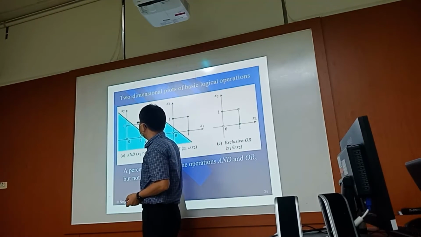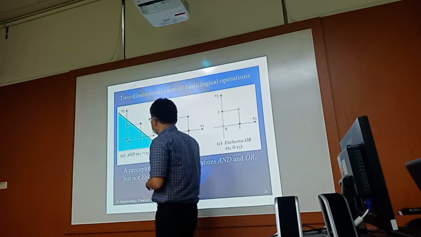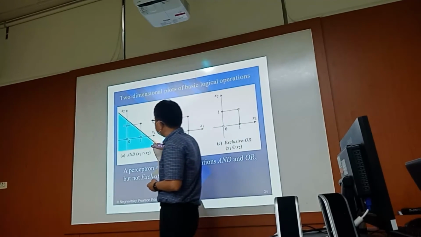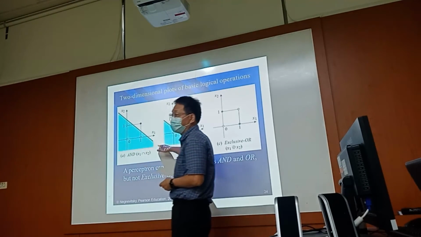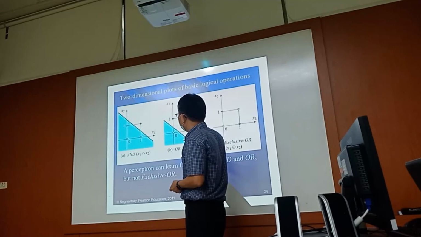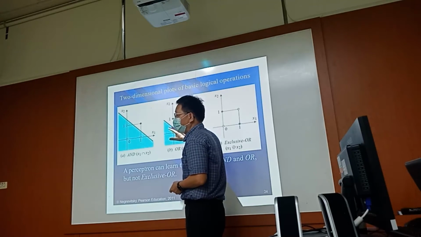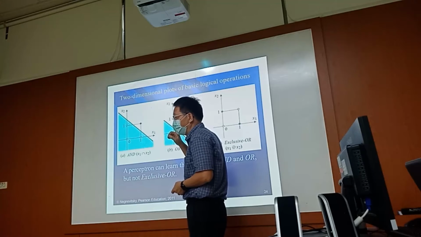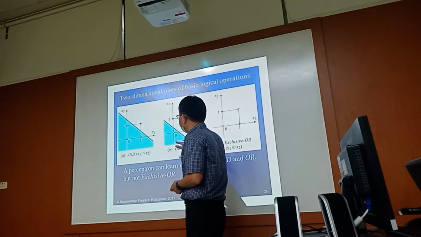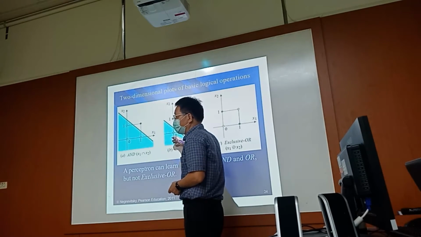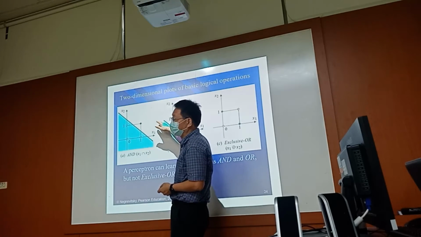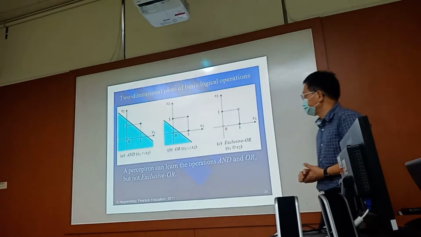We can use a graph to show this. And for OR, we can easily find a line to separate it. A perceptron can do it. And in this one, for the OR operation, if only one value is 1, the output will be 1. So these three nodes are 1. Only for 0, 0 input, the output is 0. So we can also find a line to separate it.